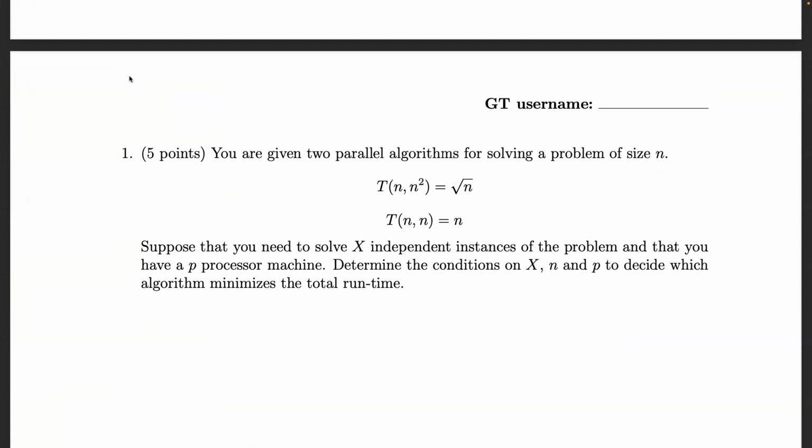But the question is not about speedup, it's about minimizing the runtime. It's true that you cannot calculate the speedup without the serial runtime, but here it's just giving these two algorithms and asking which will minimize the runtime under some parameter settings.